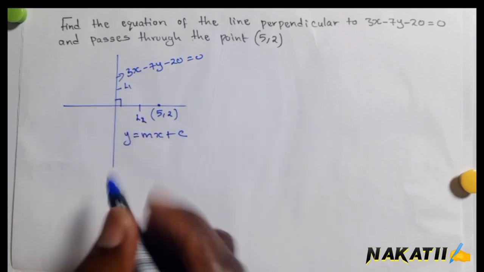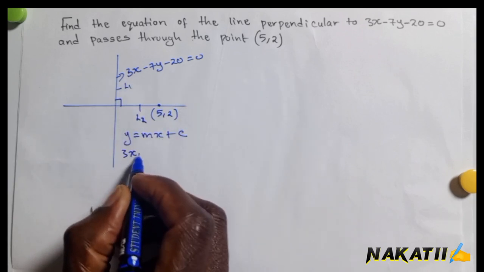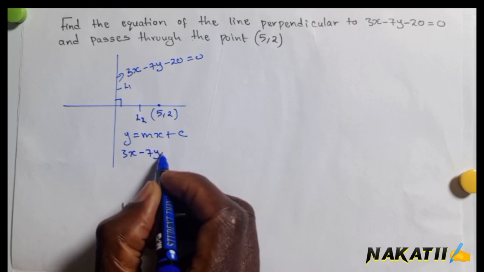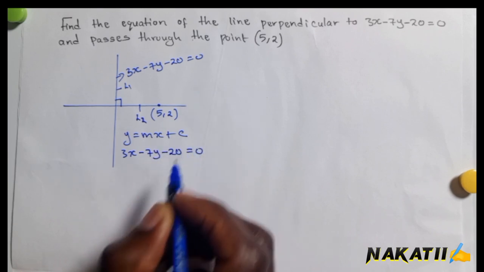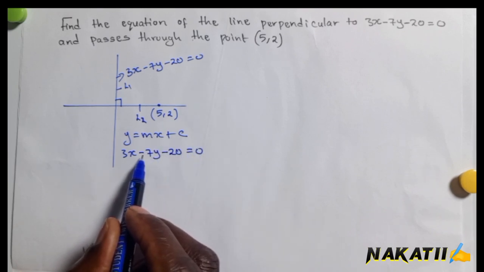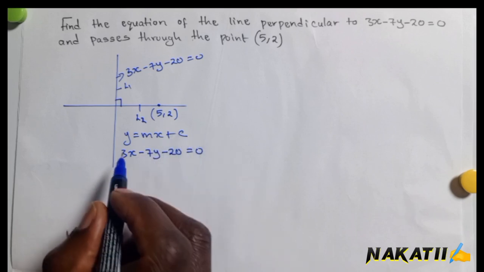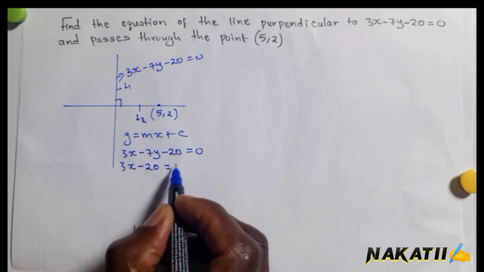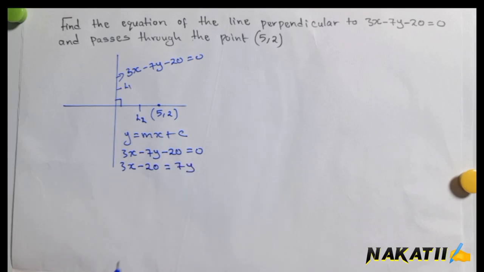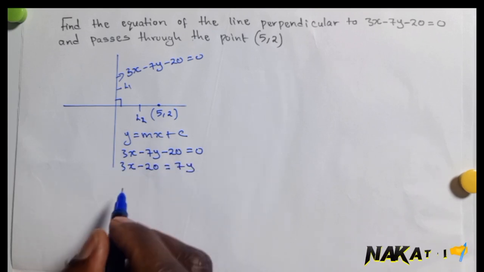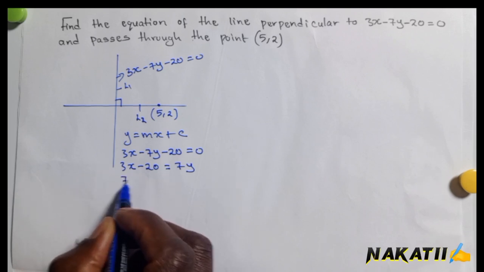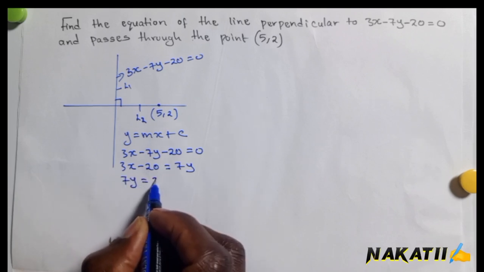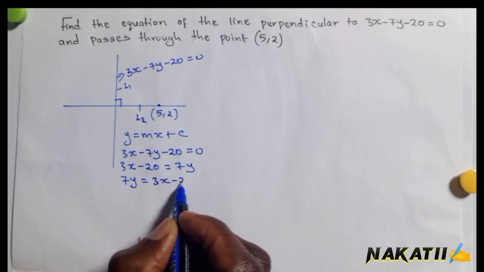If I have 3x minus 7y minus 20 equals 0, I can take the 7y to the other side. We will have 3x minus 20 equals 7y, and therefore this can be written as 7y equals 3x minus 20.